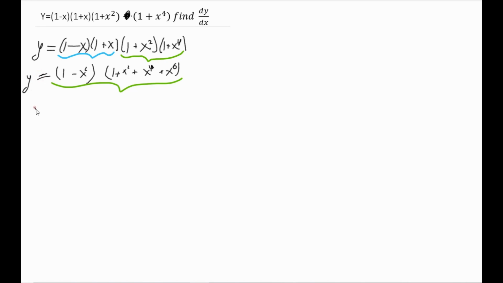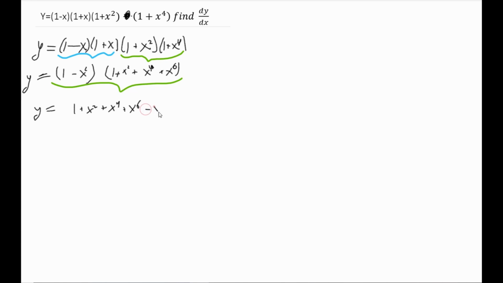Okay. So y equals, we're going to distribute the 1 first. So we're going to get 1 plus x squared plus x to the 4th plus x to the 6th. Now we distribute out this negative x squared.